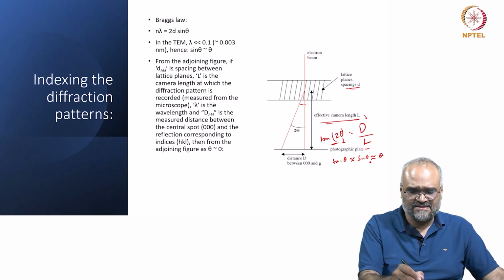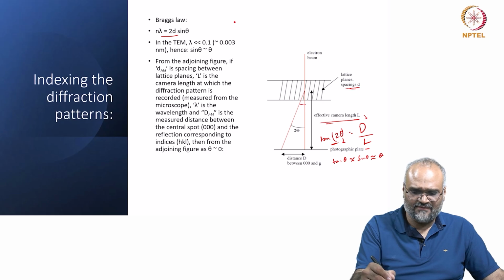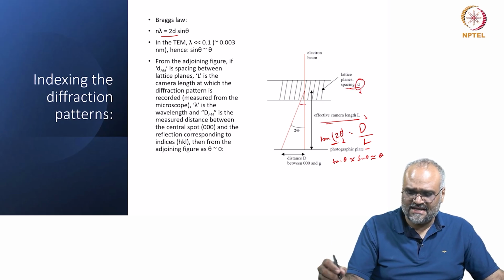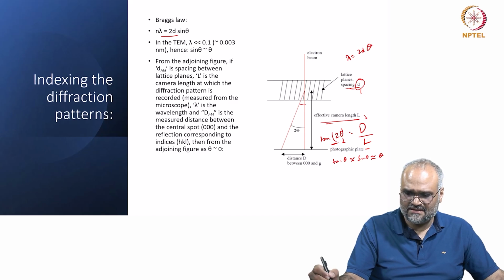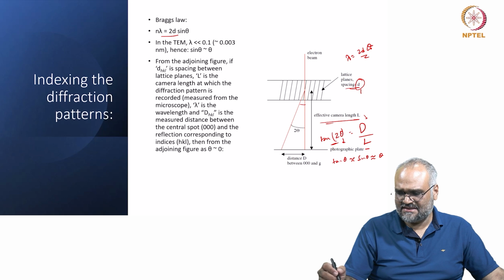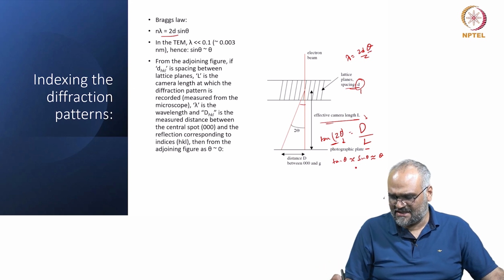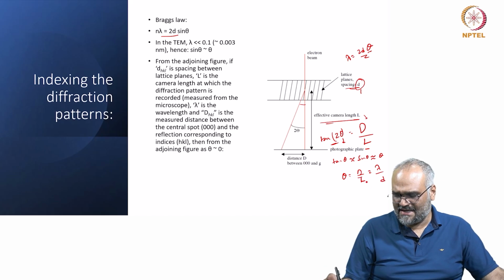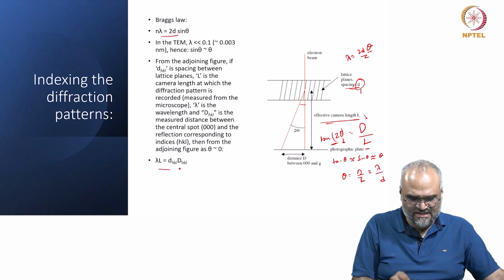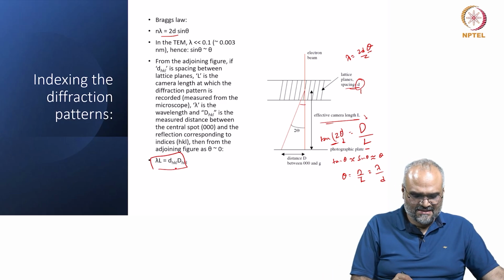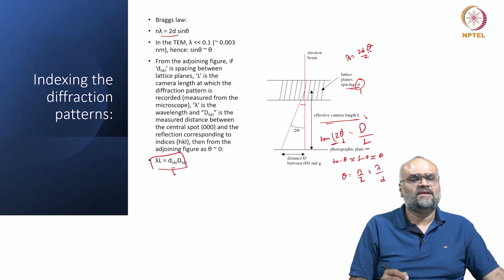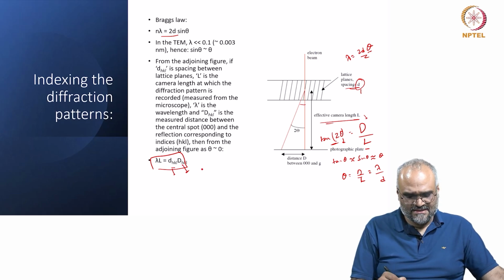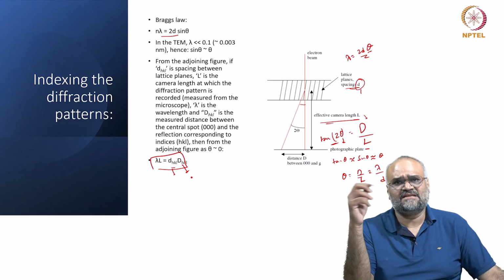So, if I use this in the Bragg law, I have the d spacing related through lambda as 2d theta, and theta is also D over L, which is also equal to lambda over 2d. I end up with an equation of this form, where lambda L equals d_HKL, which is my real lattice spacing, times capital D_HKL, which is my value in the reciprocal lattice.